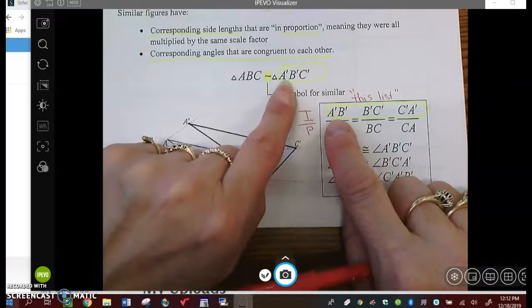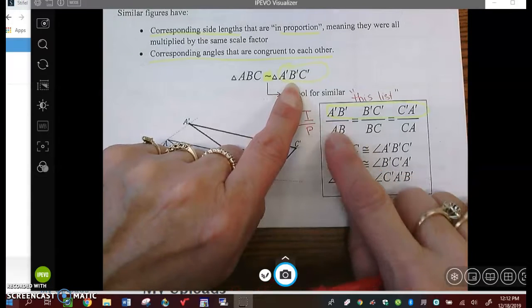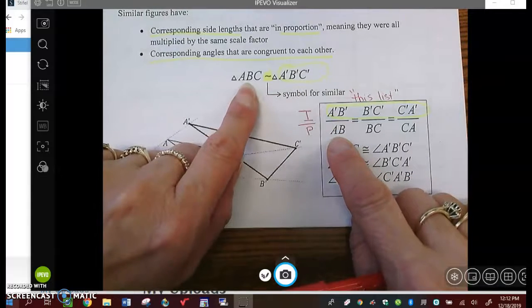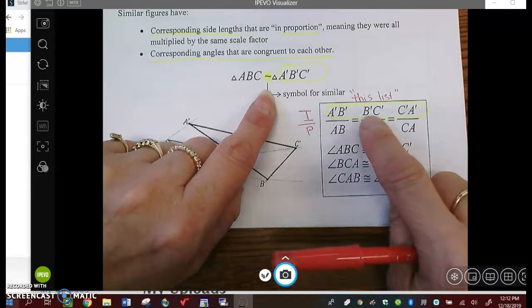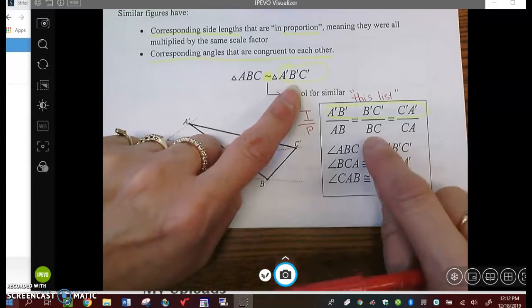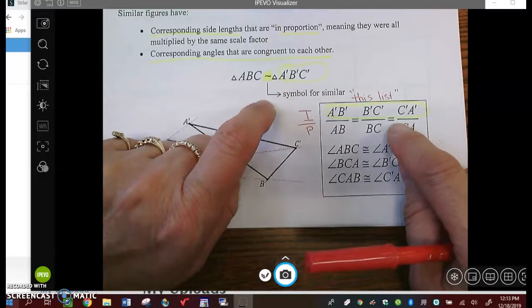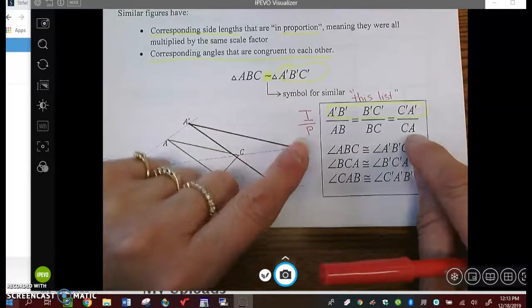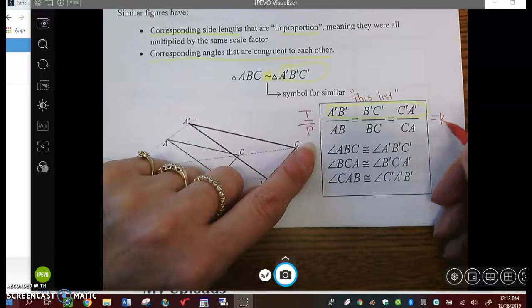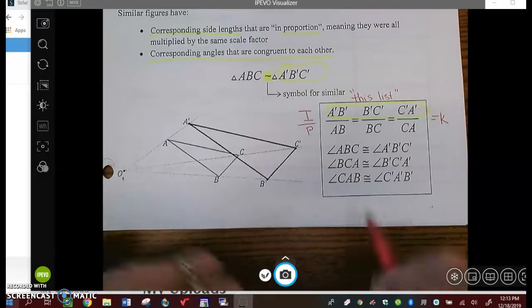So this means the length from A prime to B prime over the length from A to B, if you divide them, is going to be the same number as the length of B prime C prime over BC, and it's also going to equal the length from C prime A prime compared to CA, and that all equals your scale factor, that variable k.